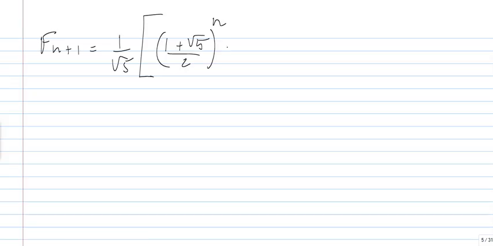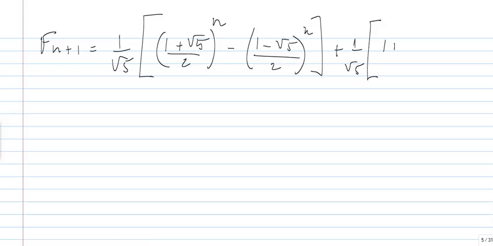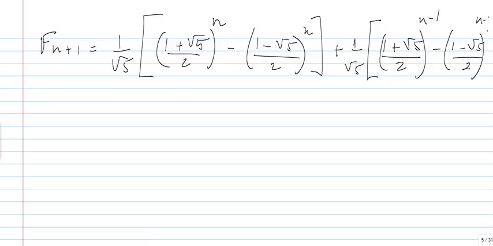Great. So this tells me what? That f_{n+1}, from the induction assumption, is equal to 1 over square root of 5 times (1 plus square root of 5 over 2) to the power n minus (1 minus square root of 5 over 2) to the power n, plus 1 over square root of 5 times (1 plus square root of 5 over 2) to the power n minus 1 minus (1 minus square root of 5 over 2) to the power n minus 1.